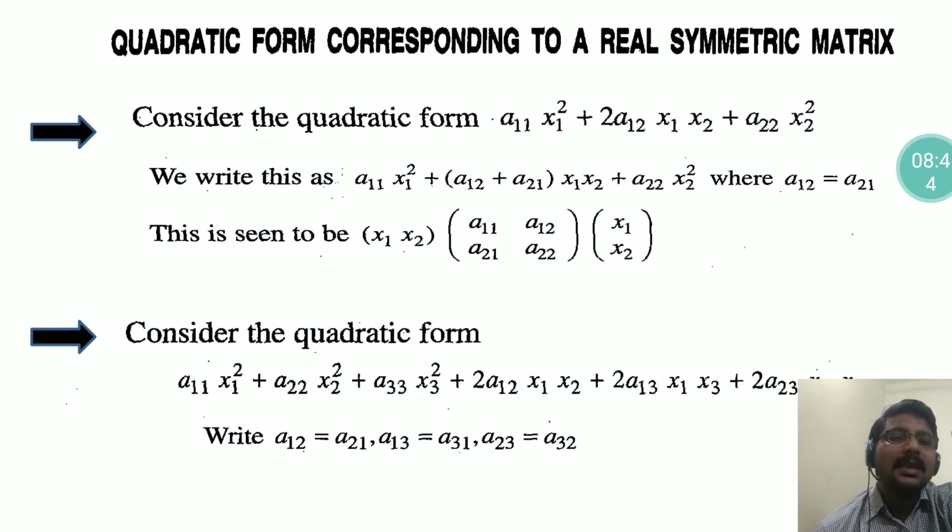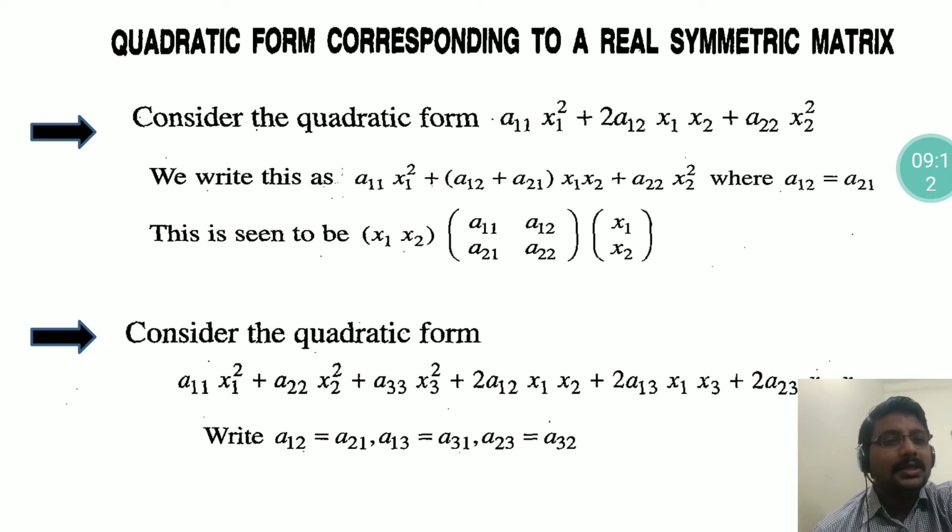Symmetric means a12 must be a21, a13 must be a31, a23 must be a32. If A transpose is A, then the matrix is called symmetric. If A transpose is minus A, then A is called skew symmetric.